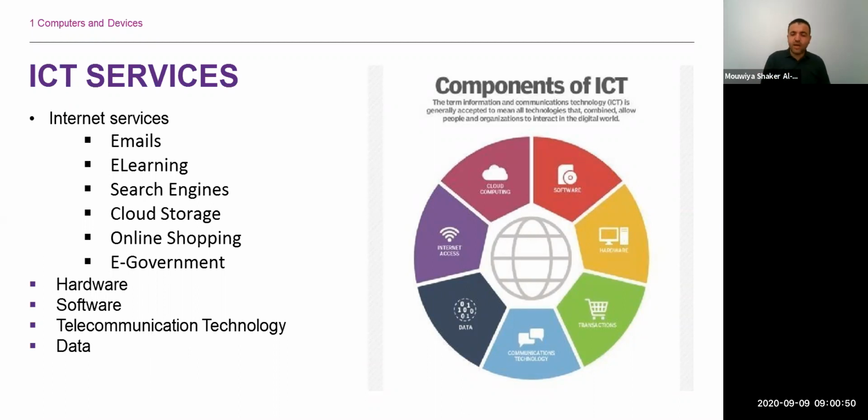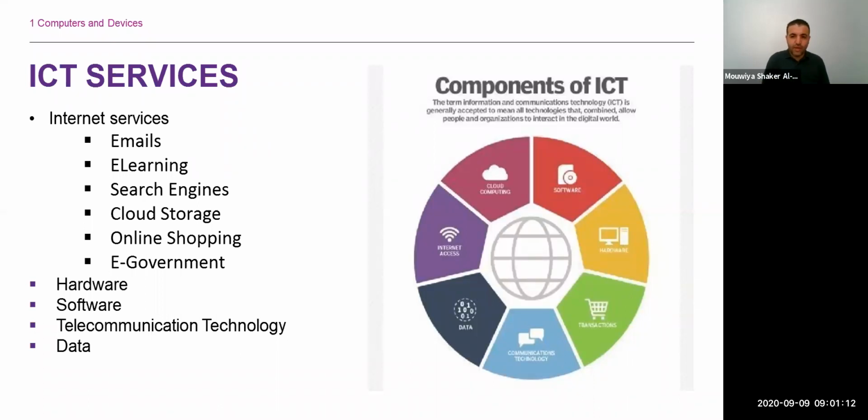The other one is hardware, like the computers, the towers for the cell phones, your Wi-Fi. Then software, and the internet services. Yes, software like the accounting software.